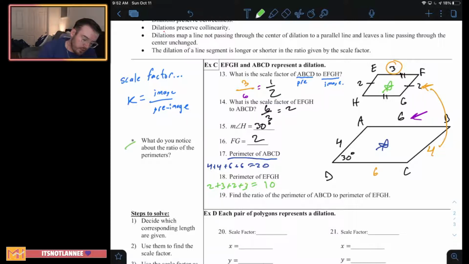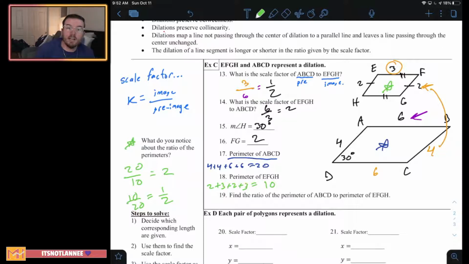A little question off to the side here. What do you notice about the ratio of the perimeters? Well, 20 over 10 gives me 2, just like the scale factor, or 10 over 20, depending on which way you're going, enlarging or shrinking.